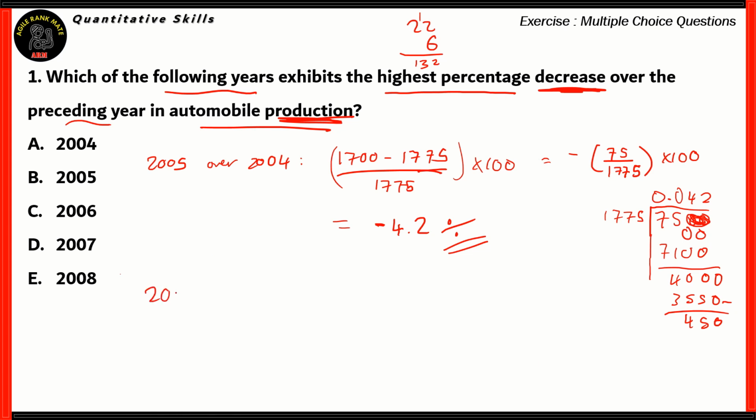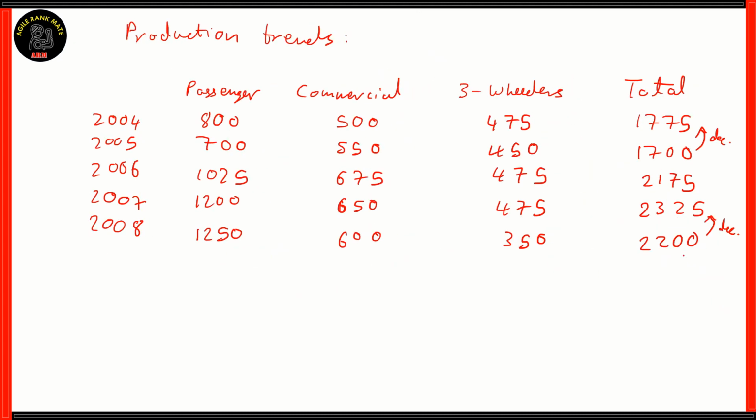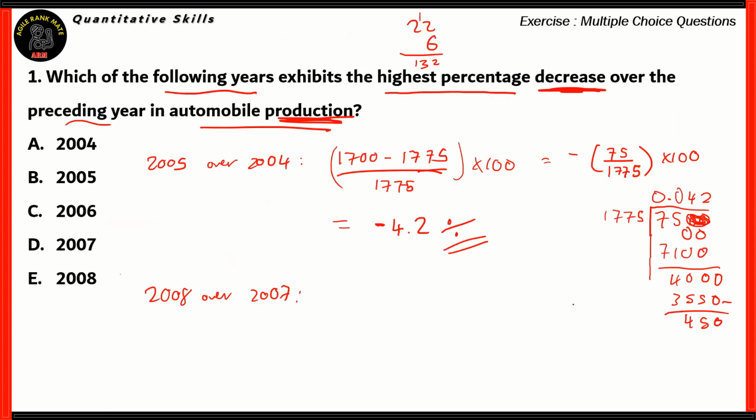Now let's look at 2008 over 2007. So over here in 2008, the total number of vehicles sold were 2,200, and the total number of vehicles sold in 2007 was 2,325. So it's 2,200 minus 2,325 over the vehicles in 2007, not 2008.